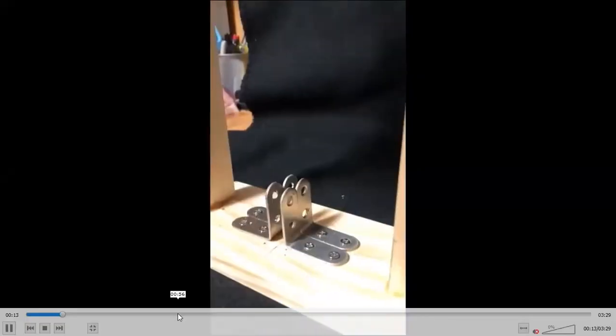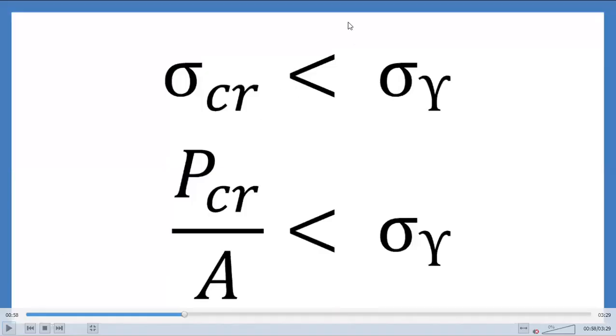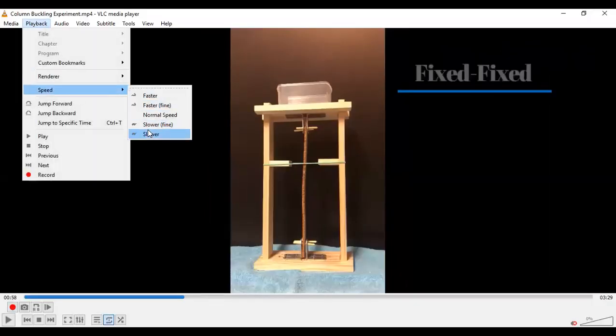I hope you can see this video, nice video. Under this assumption only you can use the buckling formula, right? Sigma Y means sigma yielding, right? So let's say for fixed conditions. Please check how this failure occurs.